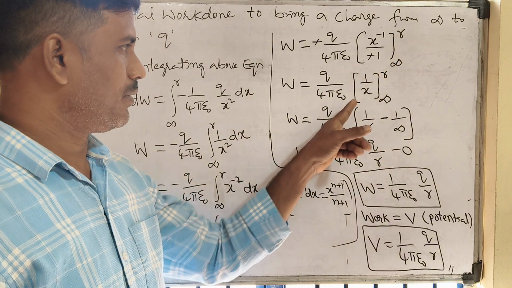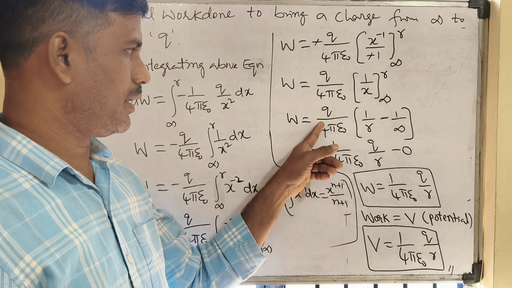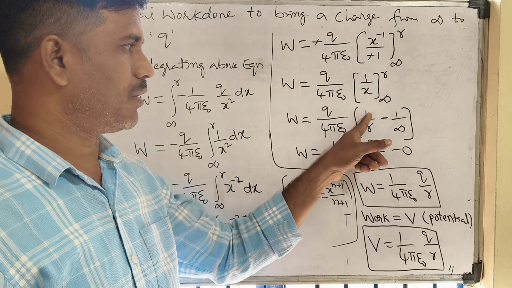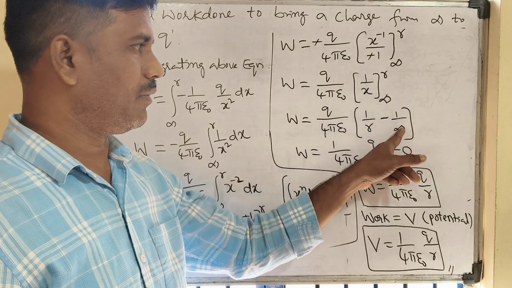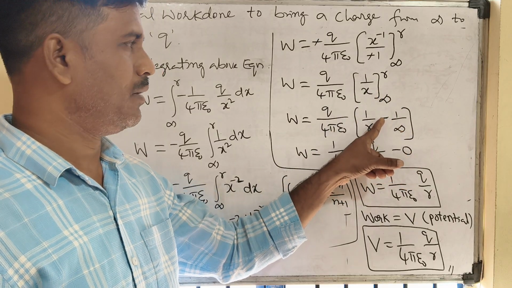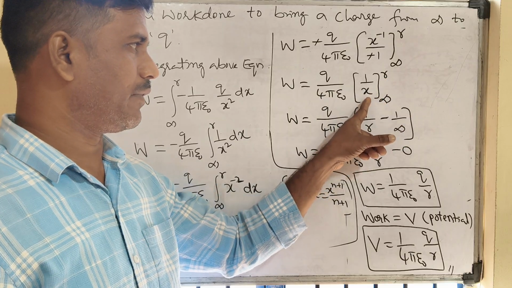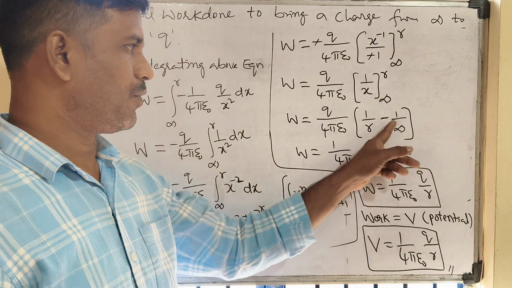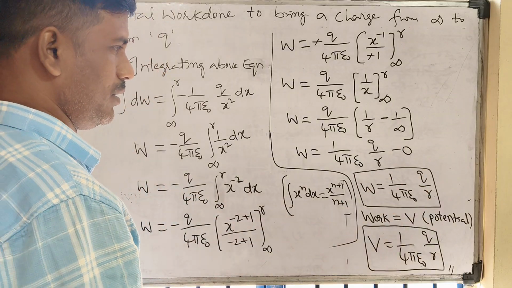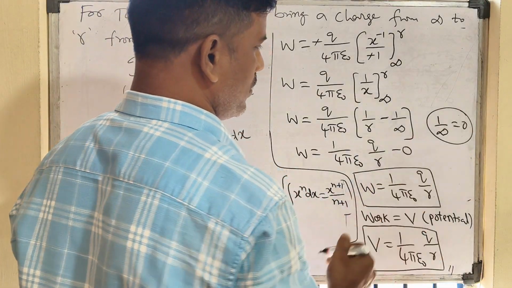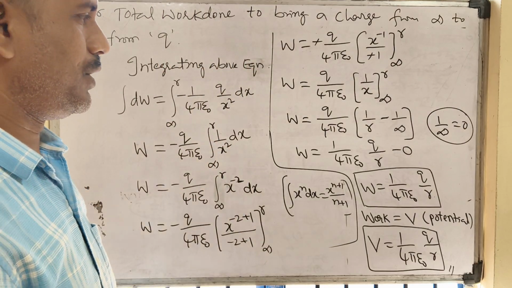Now the minus and minus cancel, as already done. Q by 4 pi epsilon, substituting the limits: 1 by r minus 1 by infinity. Before substituting the lower limit, we should keep the minus; that is the condition. First the upper limit in place of x, 1 by r, minus the lower limit 1 by infinity. The value of 1 by infinity is 0.